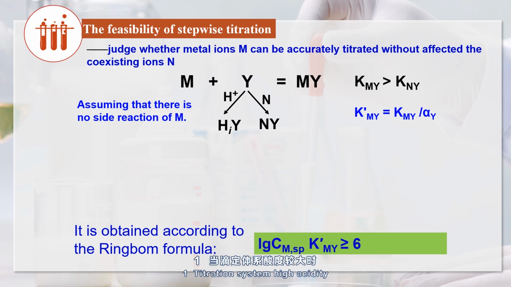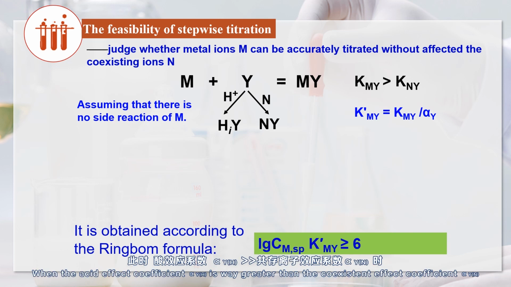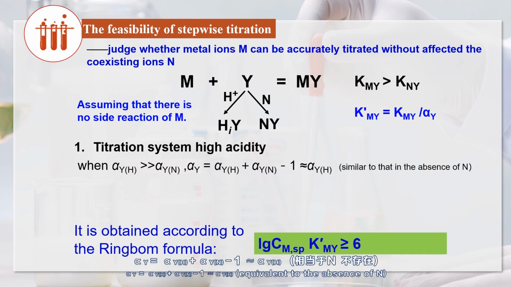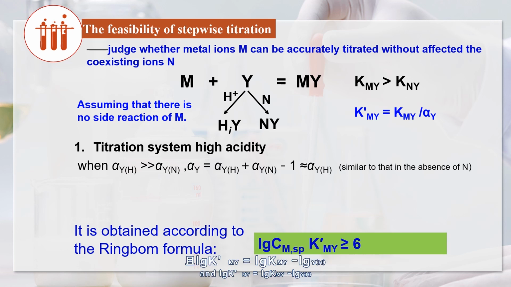In a titration system with high acidity, when the acid effect coefficient alpha YH is way greater than the coexistence effect coefficient alpha YN, alpha Y equals alpha YH plus alpha YN minus 1, approximately alpha YH, equivalent to the absence of N, and log K'MY equals log KMY minus log alpha YH.